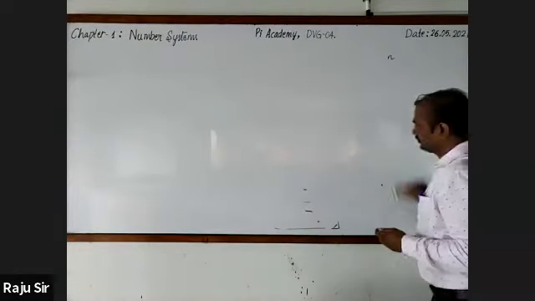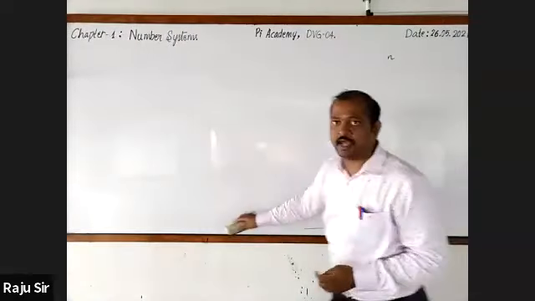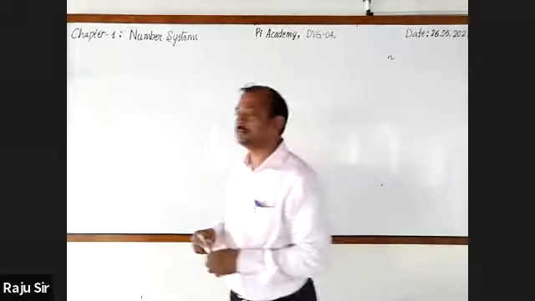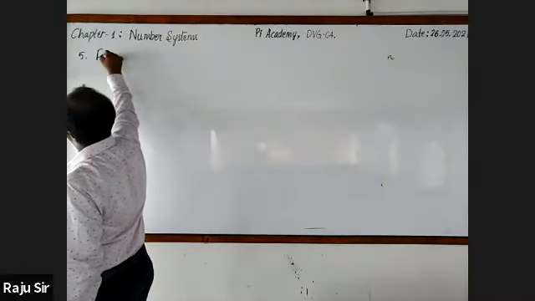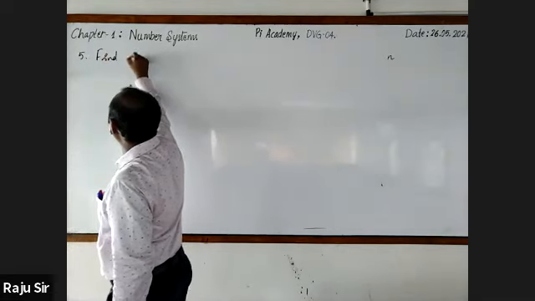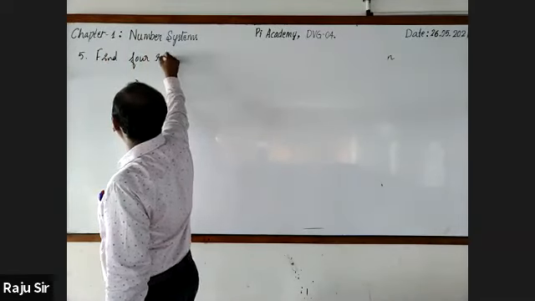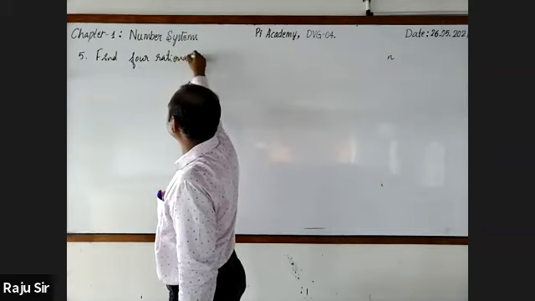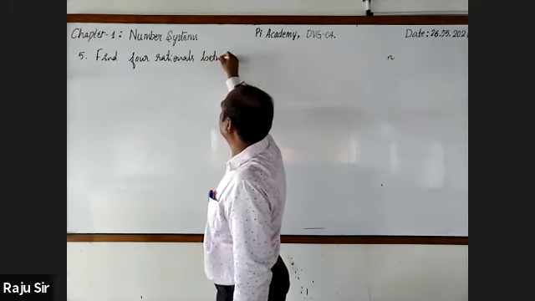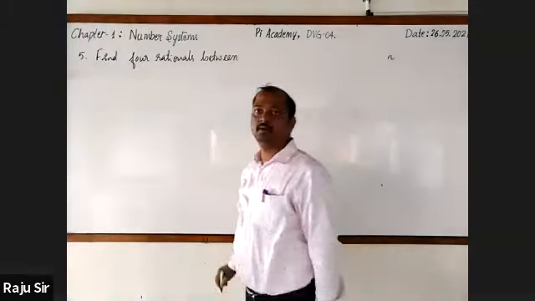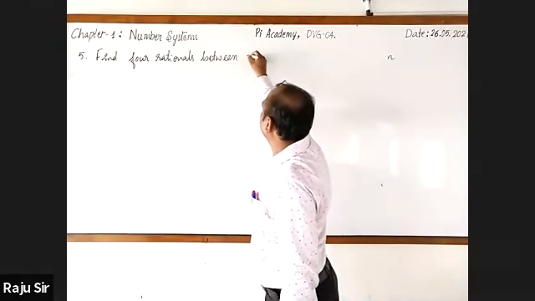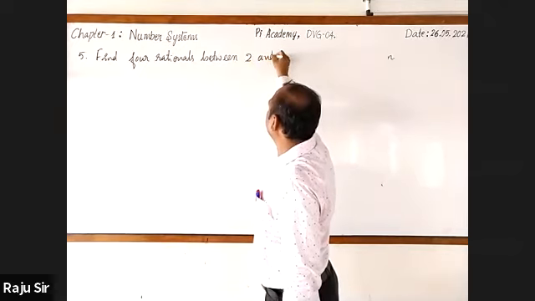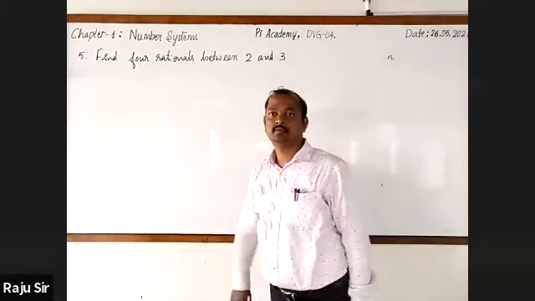Find 4 rationals, nothing but rational numbers, between, I take very simple numbers, between 2 and 3.